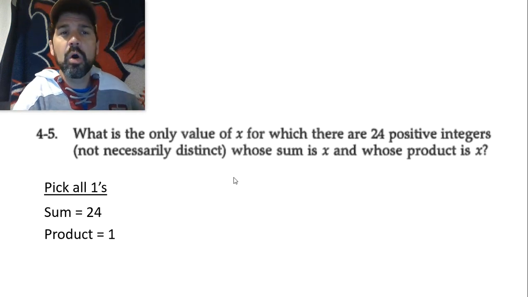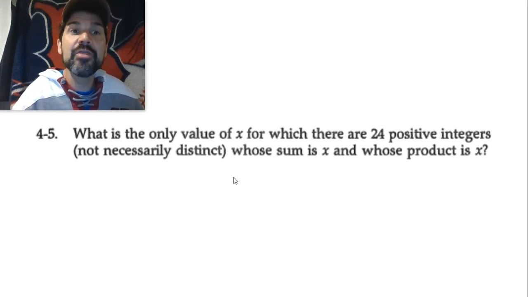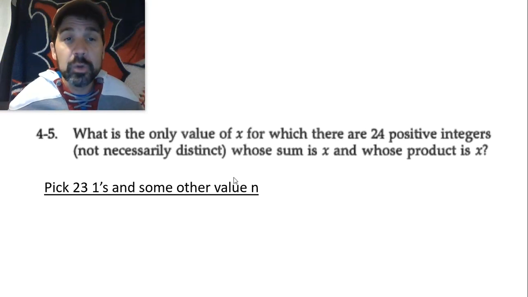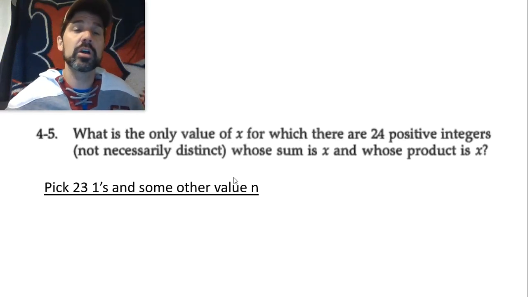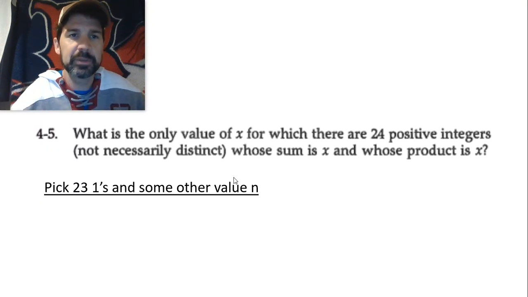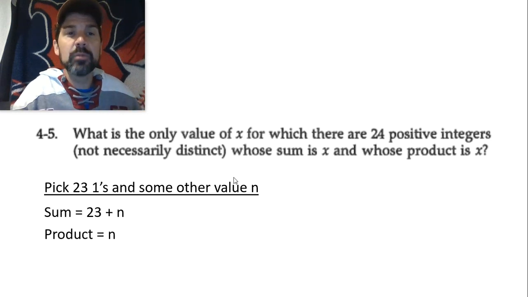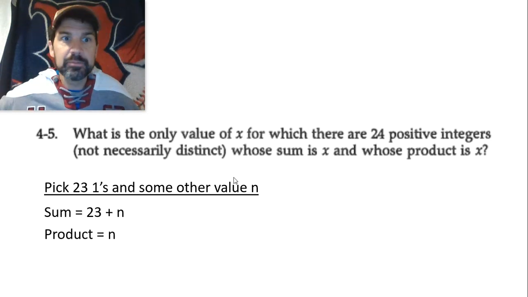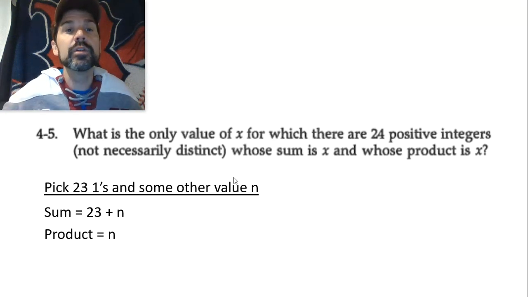So let's pick all 1s, but some other number. So there's going to be 23 1s and some other number, let's call it n. We don't want to call it x because we're using x as the actual sum and product. So in this case, when you add them all up, there's 23 1s plus some number n. So the sum is going to be 23 plus n.